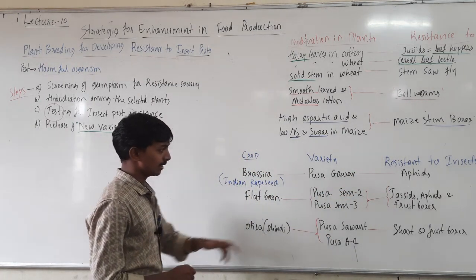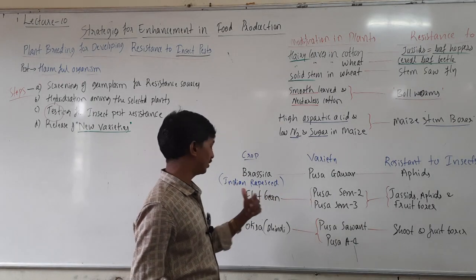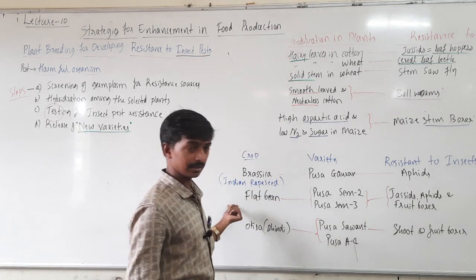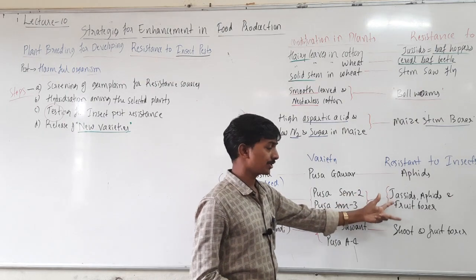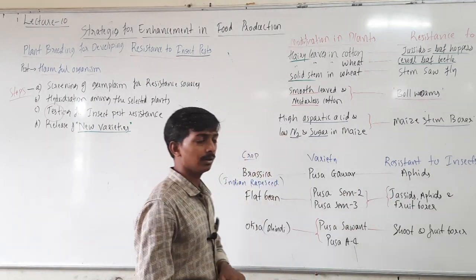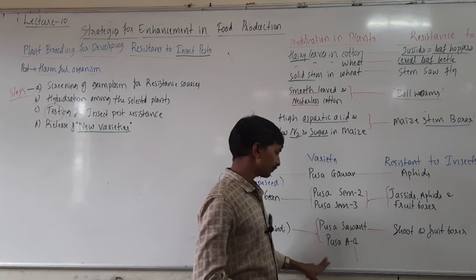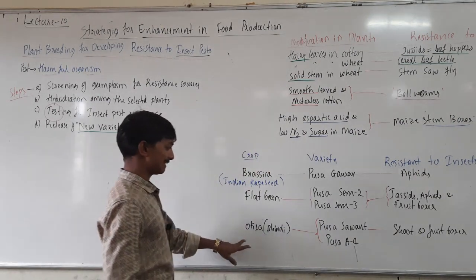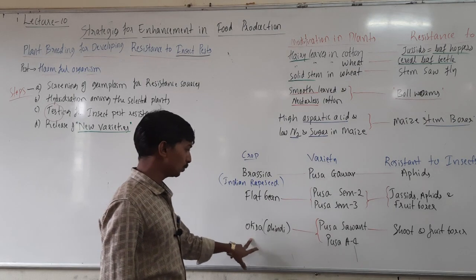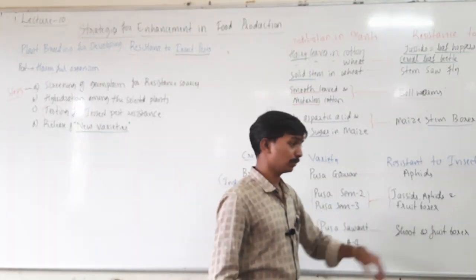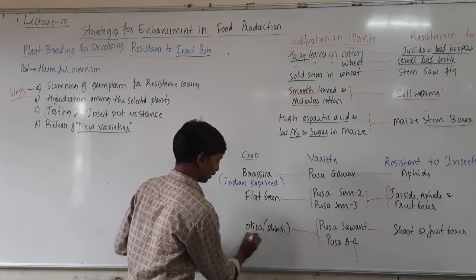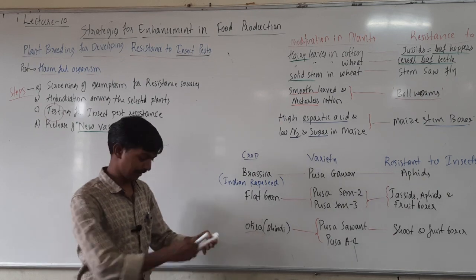Similarly, Pusa Sem 2 and Pusa Sem 3 of flat bean are resistant to jassids, aphids and fruit borers. And lastly, Pusa A-4 and Pusa Sawani are resistant to the shoot and fruit borer. These are varieties of okra, what we call lady's finger.